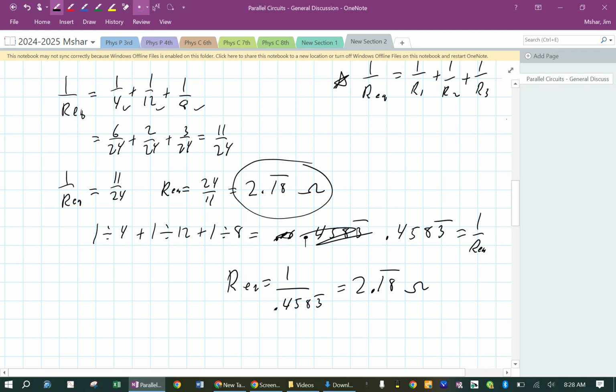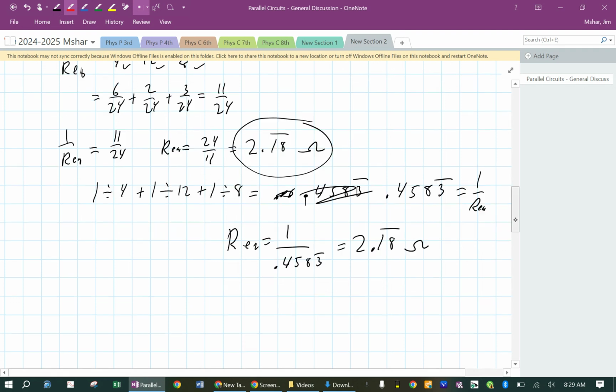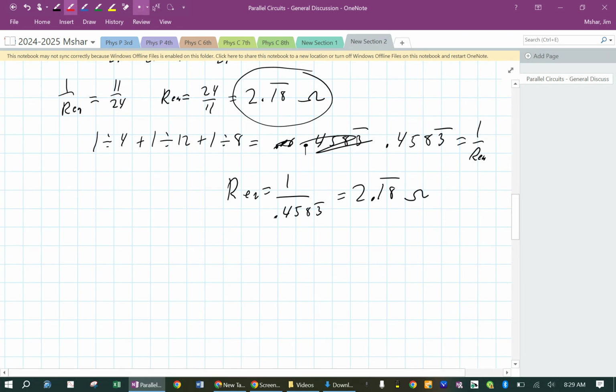Okay, so that's your total resistance of your circuit. To find the total current leaving the power supply or the battery, you just do Ohm's law. I is V over R, which is 12 divided by 2.18 repeating. And if you do that, you're going to get 5.5 amps.